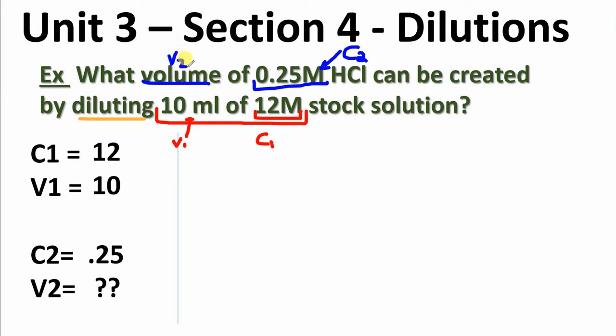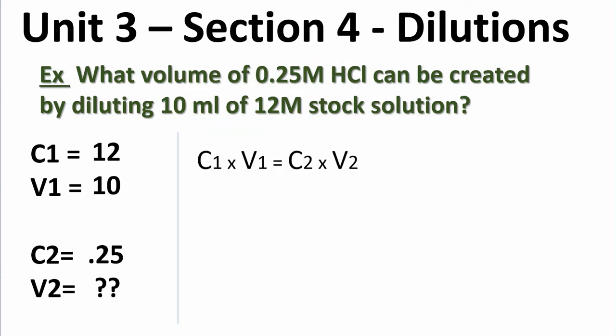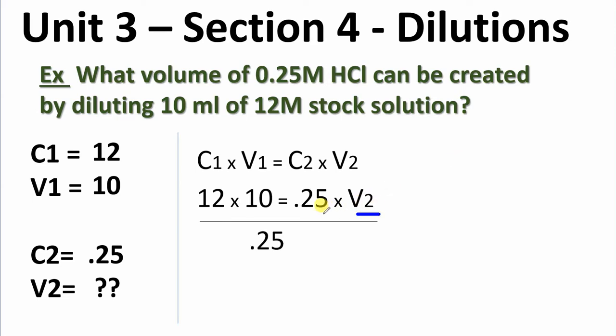Now there's a couple of ways to do this mathematically, and frankly, I don't care which way you use. What I would do is write down my formula and plug my numbers into the formula. Then, if I want to get V2 all by itself, I need to divide both sides by 0.25.